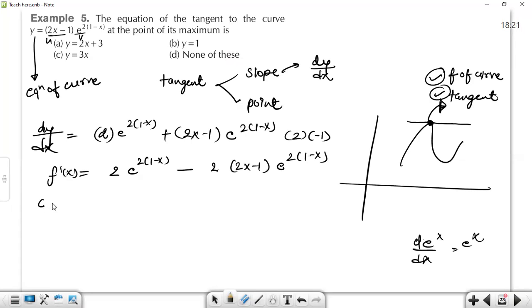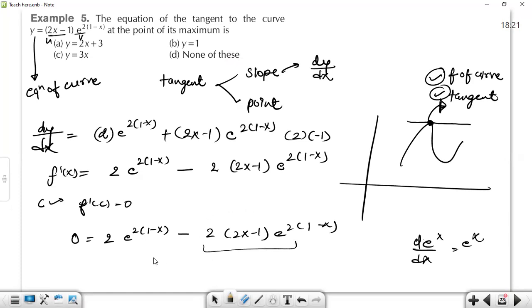So let's find the critical point. For a critical point, we set f dash of c equal to 0. So let's make it 0 and find the value of x. So minus 2 into 2x minus 1, e to the power 2 into 1 minus x. Let's bring this particular term to the left hand side and it will become positive: 2 into 2x minus 1, e to the power 2 into 1 minus x, equals 2 e to the power 2 into 1 minus x.